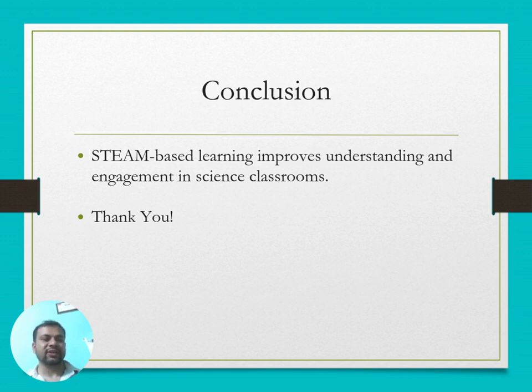Then engineering, they build materials by using the tools and build the concepts. Then they connect the arts, and they connect the mathematics also. In conclusion, STEAM based learning helps to improve student understanding and engagement in the science classroom.